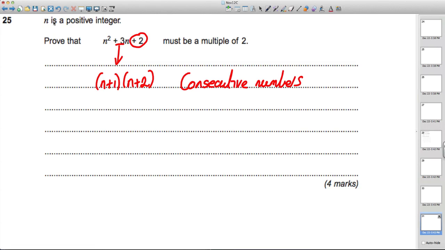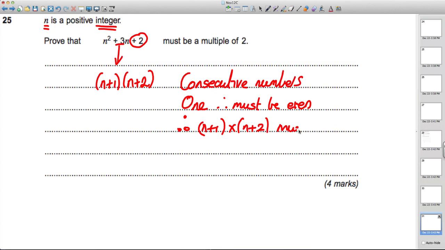So they're consecutive numbers if n is an integer, if n is whole. With consecutive numbers, one must be even, because one is odd, one is even. So therefore, n plus 1 multiplied by n plus 2 must be even. Therefore, it is a multiple of 2. Okay? And that is your answer.